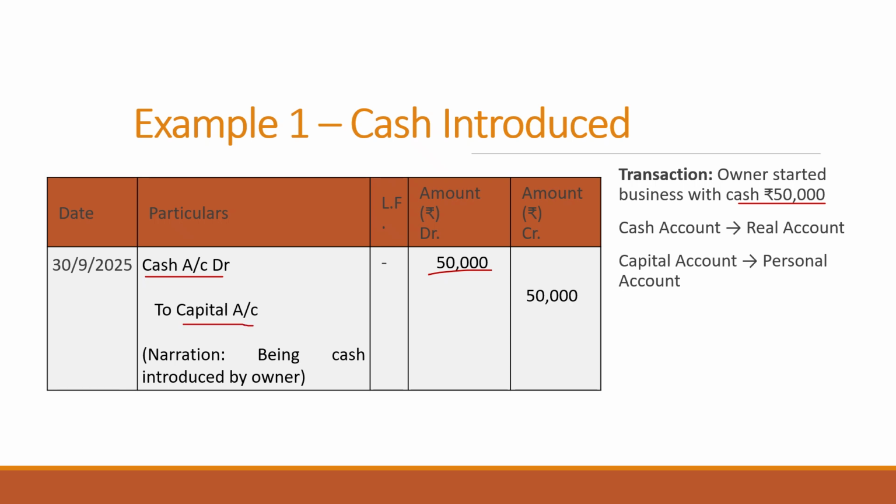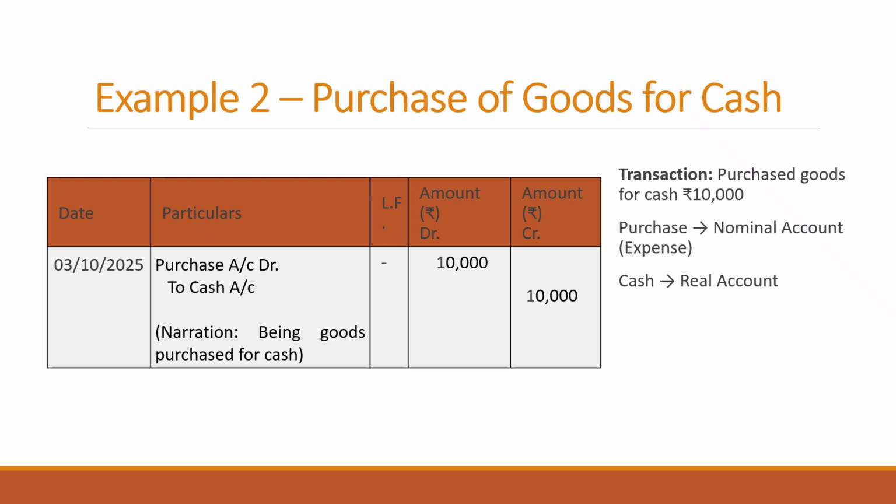In that case, the journal entry will be cash account debit to capital account. What is the narration for this? The narration will be: being cash introduced by owner. To remember, what might be the memory trick? Owner brings money to the business, so capital will be credited, right?